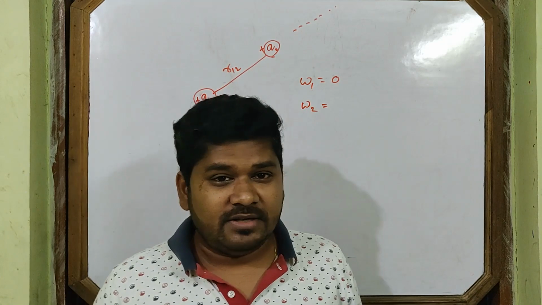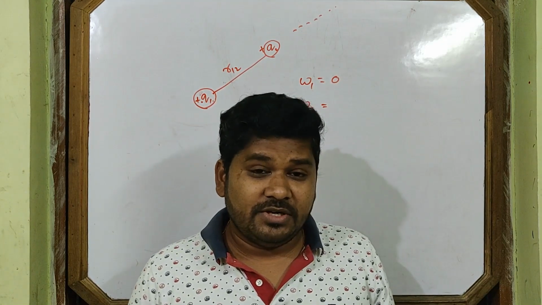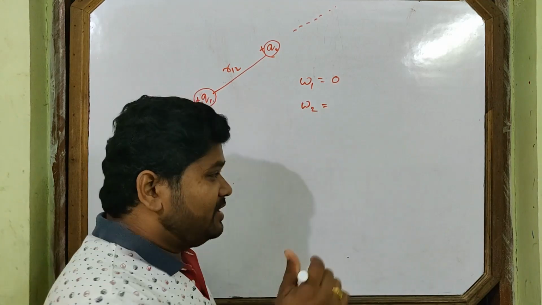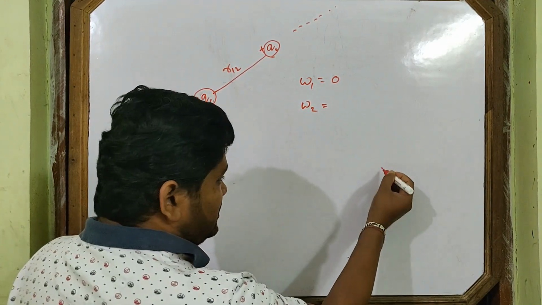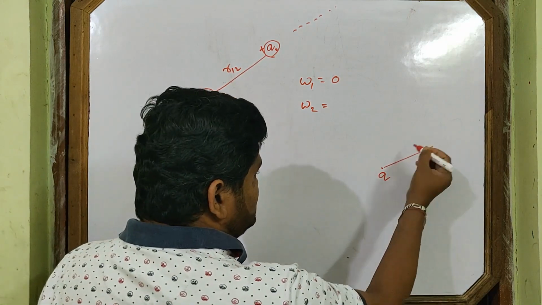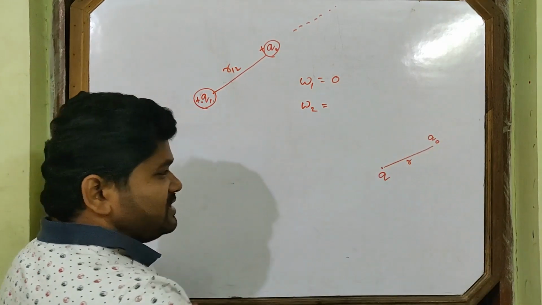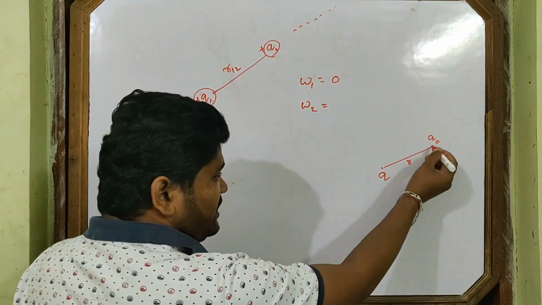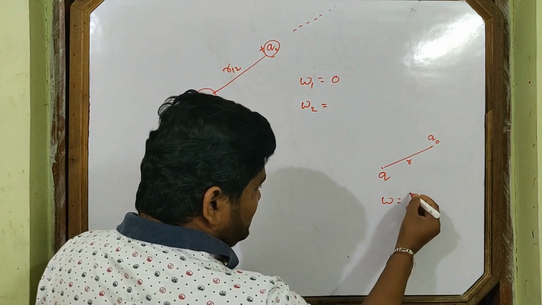You already know that. I did this derivation in the previous video, while deriving the potential due to a point charge, when I brought Q naught to a distance R of separation. What was the work done there?